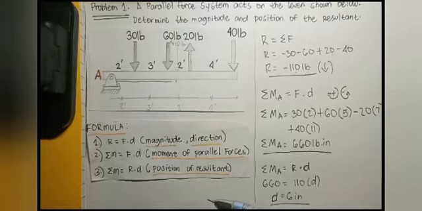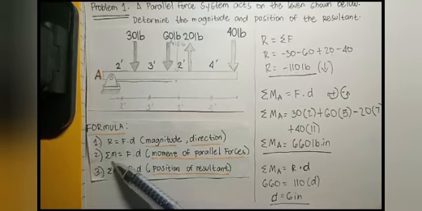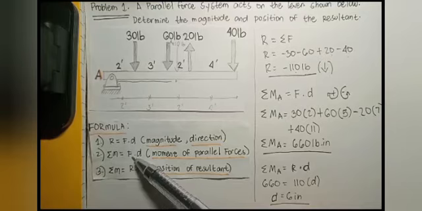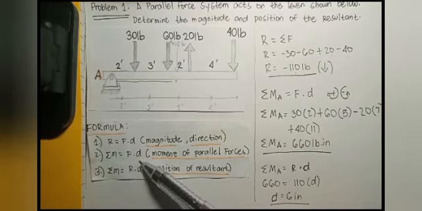Next, we have number 2: the summation of moment equals F, the force, times D, the distance.